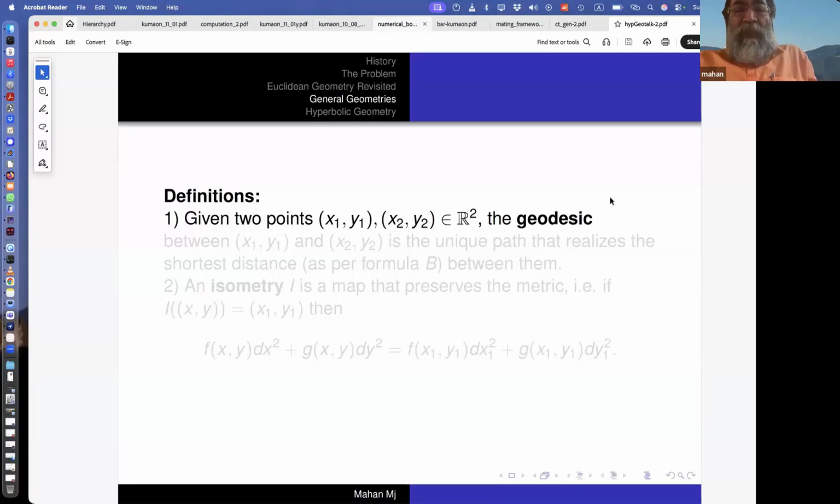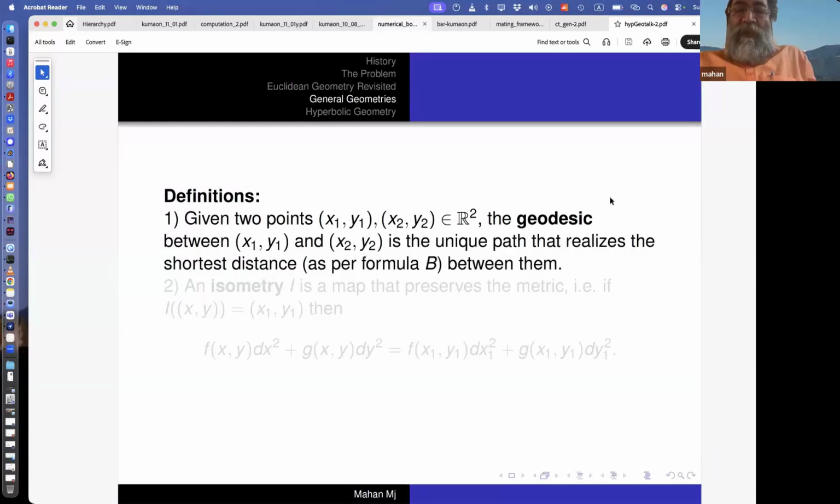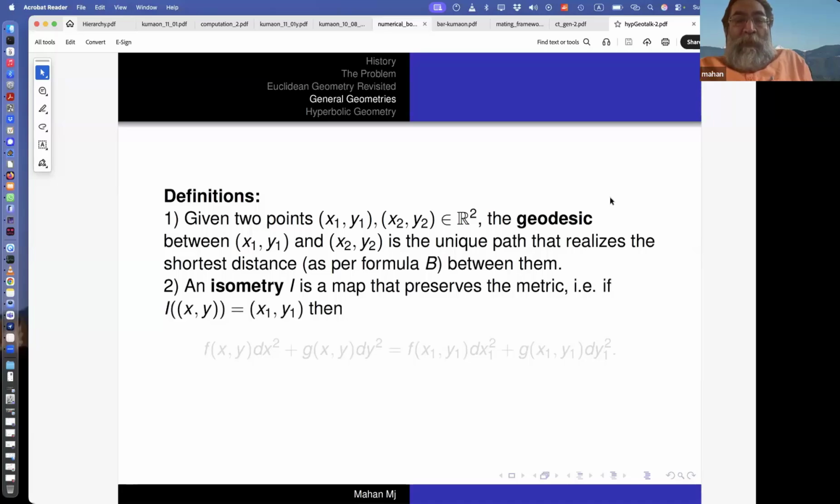Given 2 points, x1, y1 and x2, y2 in the plane, equipped with the modified metric, the geodesic between these 2 points is the unique path that realizes the shortest distance as per the previous formula between them. Second, an isometry is a map that preserves the metric, which means the following.